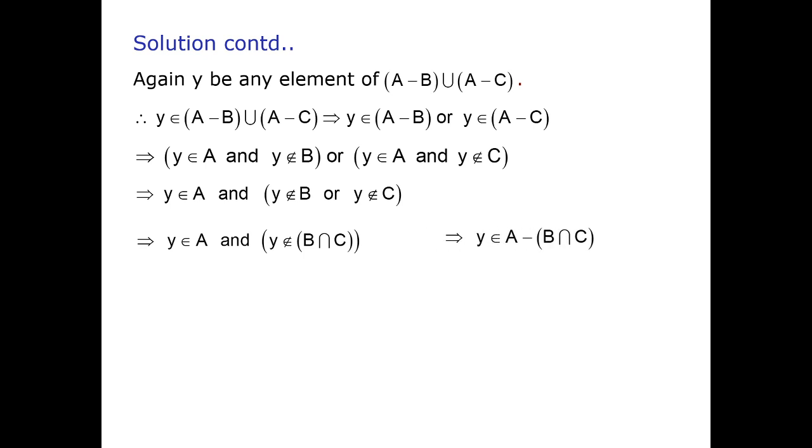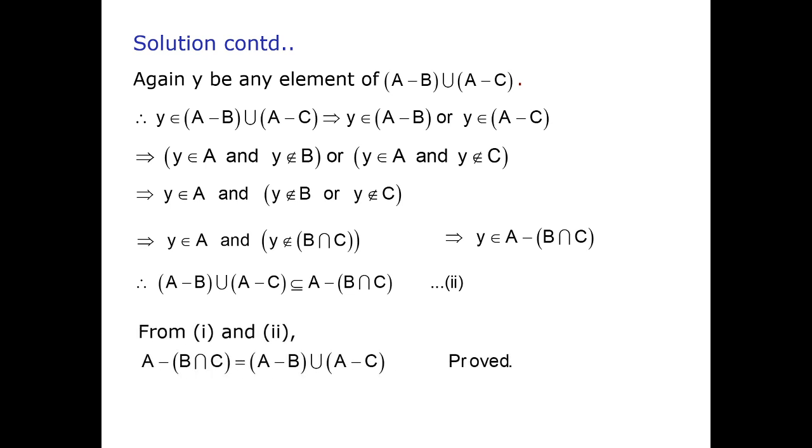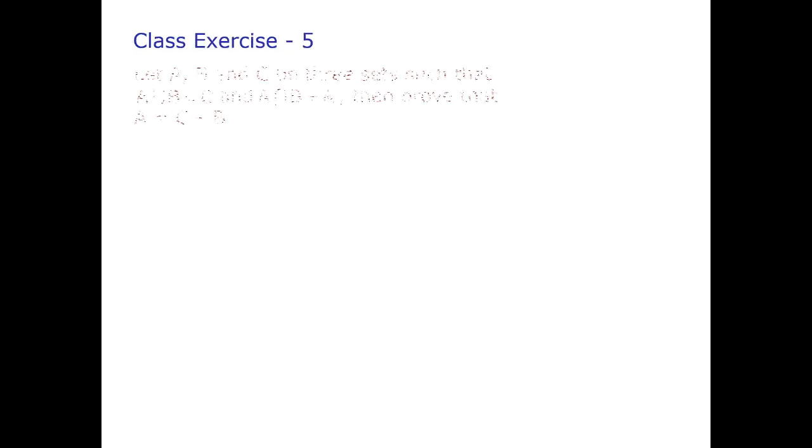You can use this technique. It's just the arbitrary element technique that we have discussed in the class. So you proceed, these are simple references for you, so you make use of them.